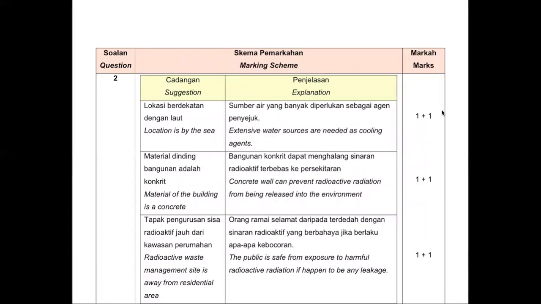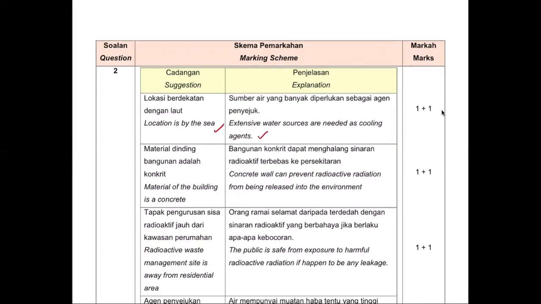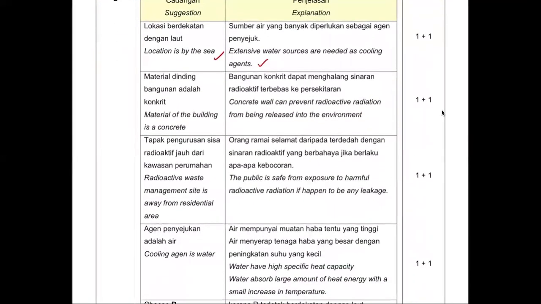Location is by the sea because extensive water sources are needed as cooling agents. Okay, and then material for the building is concrete because it can prevent radioactive radiation from being released into the environment.